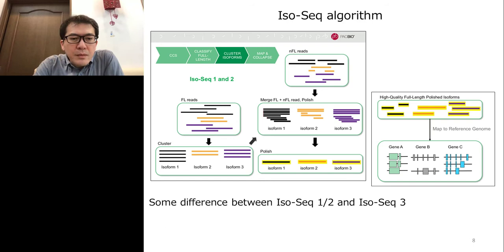I have to mention that we used IsoSeq2 algorithm when we analyzed these data. And IsoSeq2 is slightly different from the current IsoSeq3 algorithm, but the general principle is common to both.